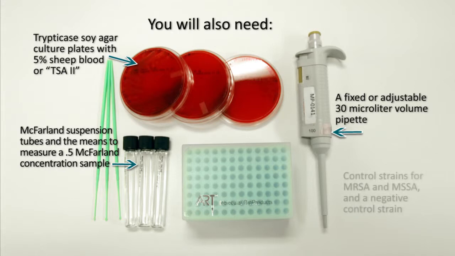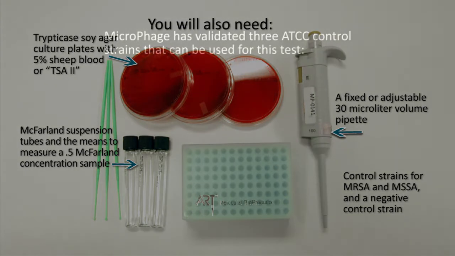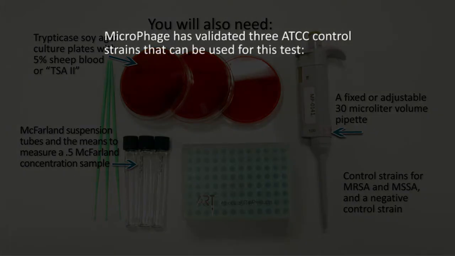In addition, you will need control strains for MRSA, MSSA, and a negative control strain. Microphage has validated 3 commercially available ATCC control strains that can be used for this test.